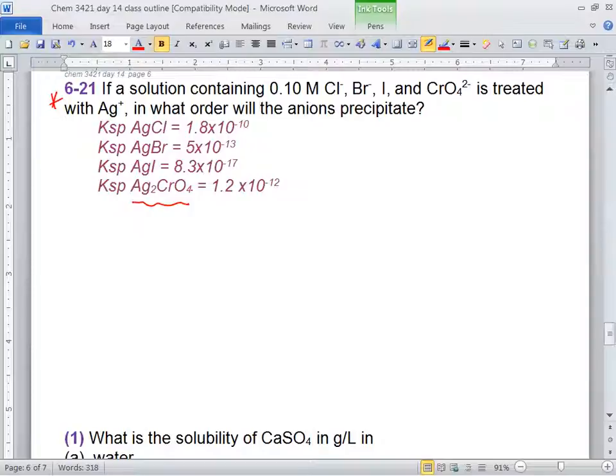The lowest. The guy who precipitates first isn't soluble at all. So you have to order these from lowest to highest solubility. Figure out what all those solubilities are and then order them from lowest to highest. That's the answer.